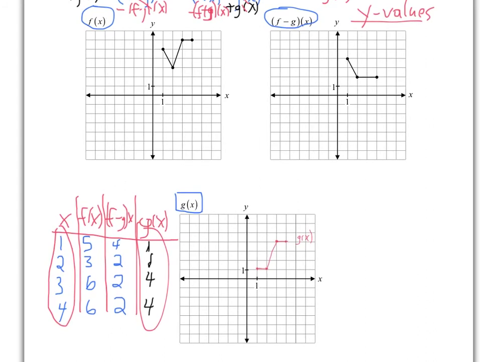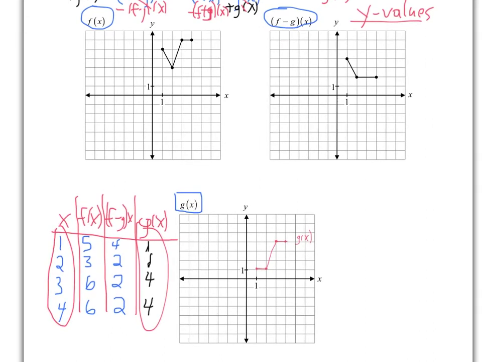And if you want to check this over, we could look at our y values, and just to make sure, f minus g of x is the y value here. So the y value of 5, subtract the y value of 1, gives me a y value of 4. Makes sense to me. The y value of 3, subtract the y value of 1 gives me a y value of 2.